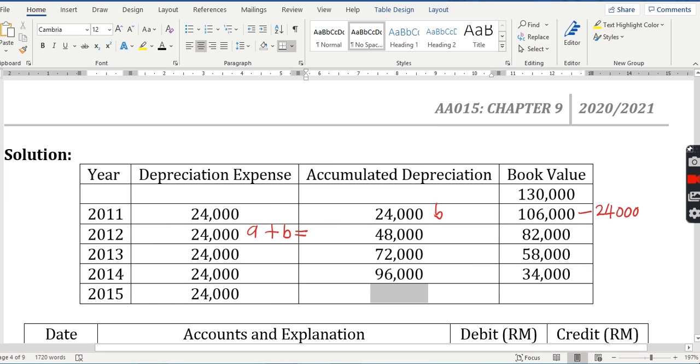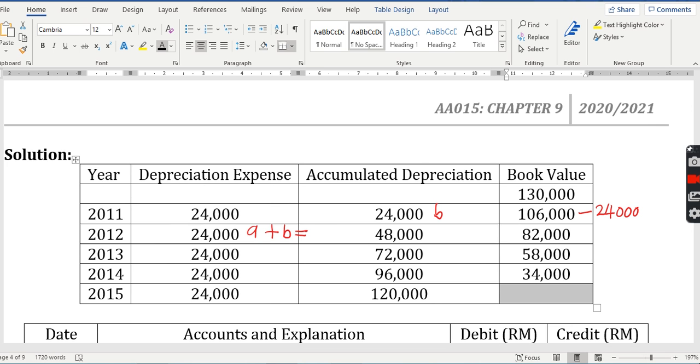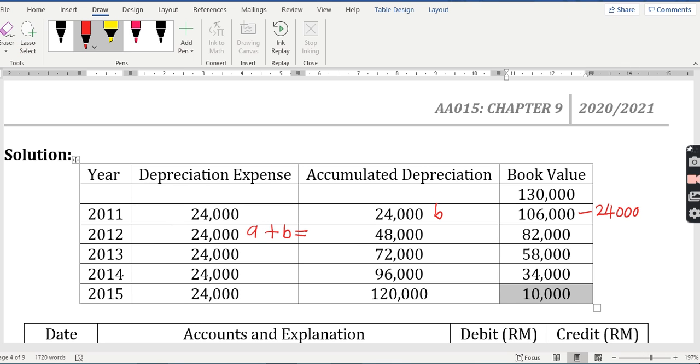The accumulated depreciation for the year 2015 will be 120,000. So towards the end of 2015, the asset is left with only 10,000 book value, which is actually your salvage value.